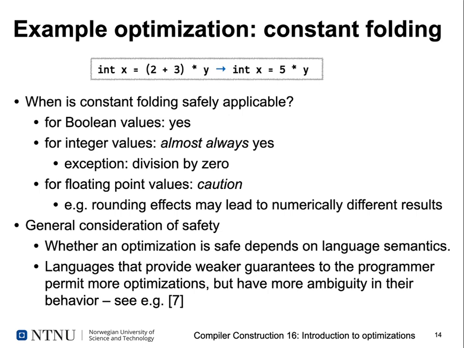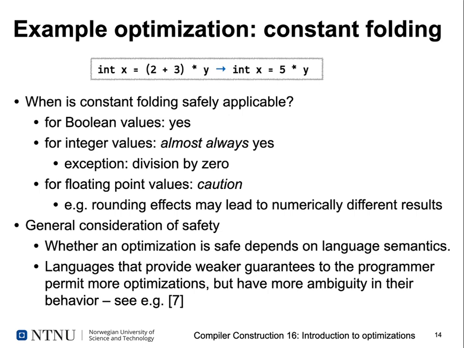Now for floating point values, you need to apply caution, because depending, for example, on the order of floating point operations, rounding effects may lead to numerically different results, especially between your compiler platform and your execution platform. For example, when you do cross-compilation from one CPU architecture, but you compile code for another one.